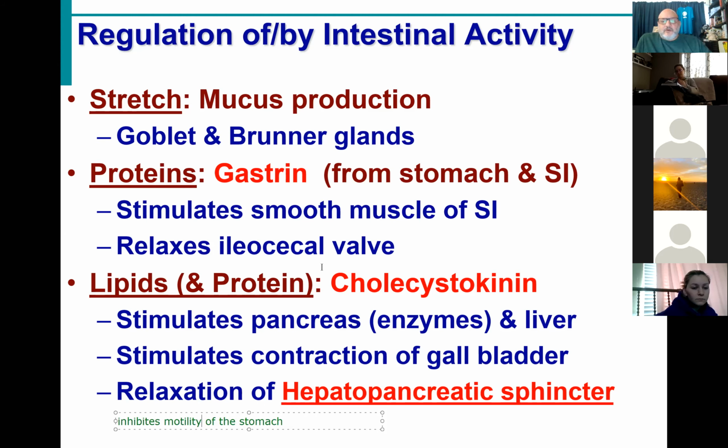All right, so enzymes from the pancreas, bile from the liver, concentrated bile from the gallbladder, relaxing that hepatopancreatic sphincter, and inhibiting the motility of the stomach, all because of the presence of lipids.